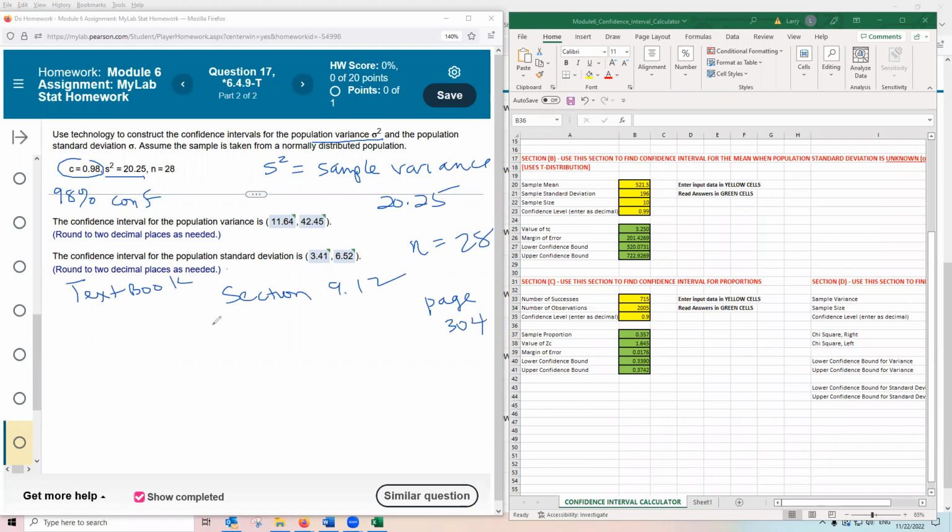And you're going to see this formula. It says, if you want to form the lower bound of this confidence interval, this is going to be the lower bound here. And the upper bound looks like this.